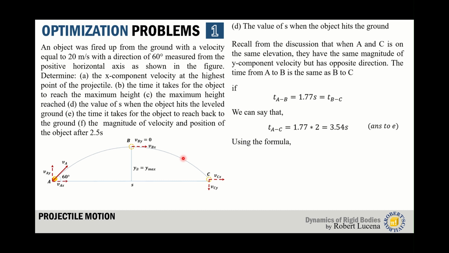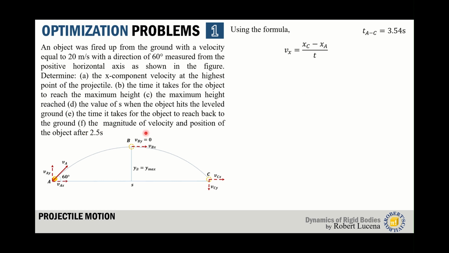We are asked for the magnitude of velocity. Thankfully, we can easily identify the x component of the velocity because it is constant throughout the flight. What we are now required to determine first is the y component velocity after 2.5 seconds.